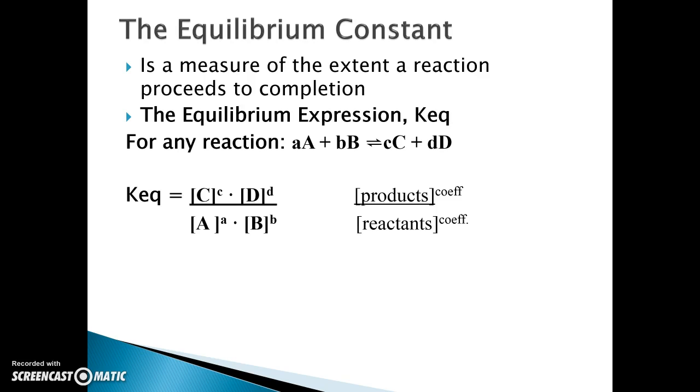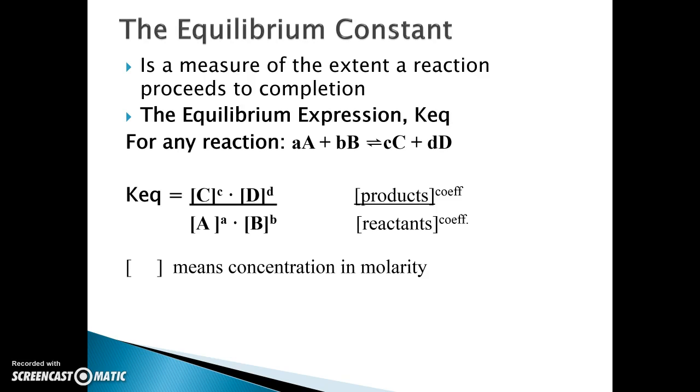We're going to divide that by the reactants. The things on the left side go in the bottom. The concentration in moles per liter of A raised to the a power, that's the coefficient, times the concentration in moles per liter of B raised to the b power. So you really want to get this all down correctly.